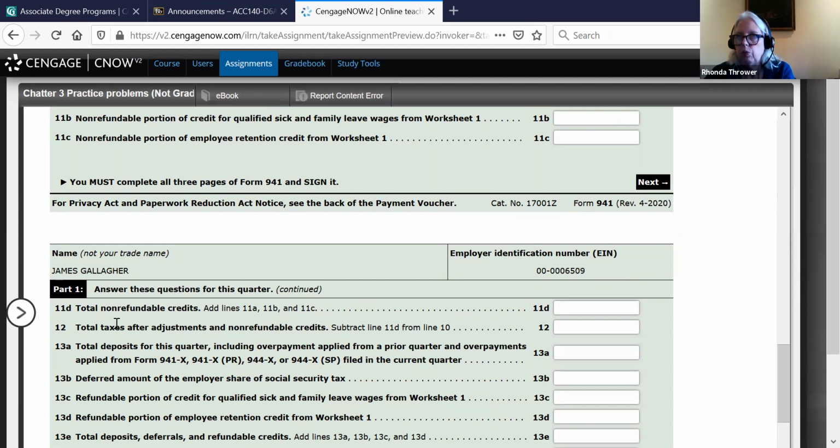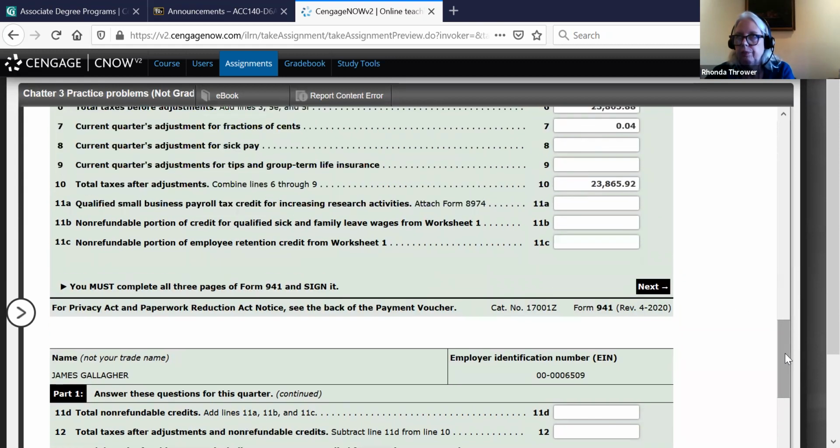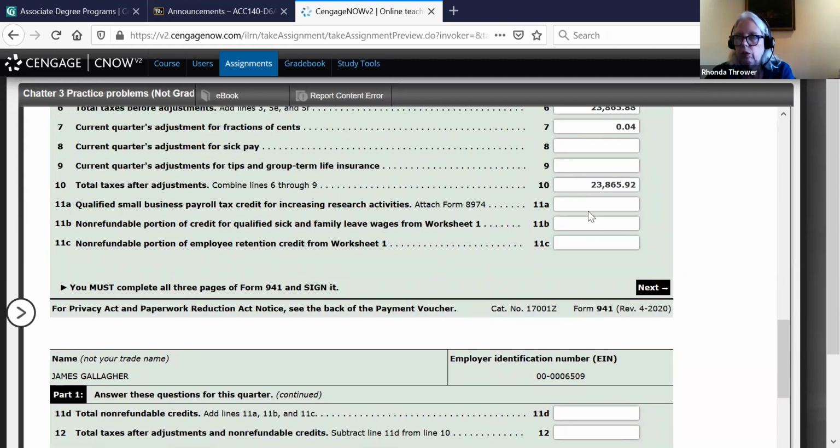What they want is the total non-refundable credits. You're going to add lines 11A, which we had nothing on, 11B, and 11C together. So this 11D is 0.